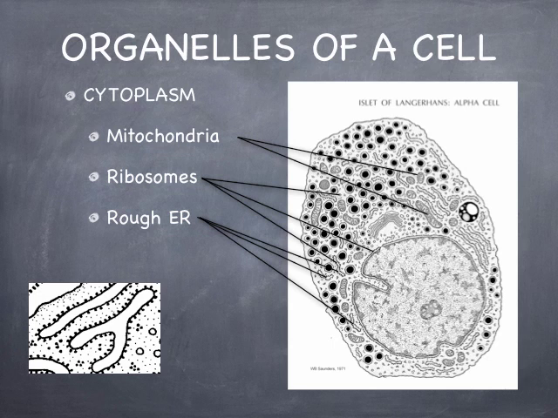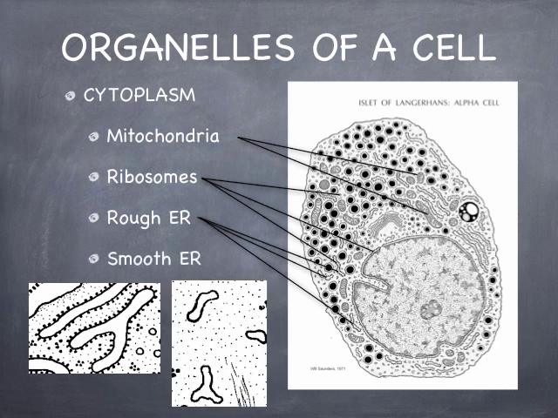So there are rough endoplasmic reticulum all over the place, and you'll recognize them by their long, skinny shape and the ribosomes attached to their surface. There is another type of endoplasmic reticulum that does not have ribosomes attached to the surface, and these are called smooth endoplasmic reticulum. In most cells, they are somewhat rare.